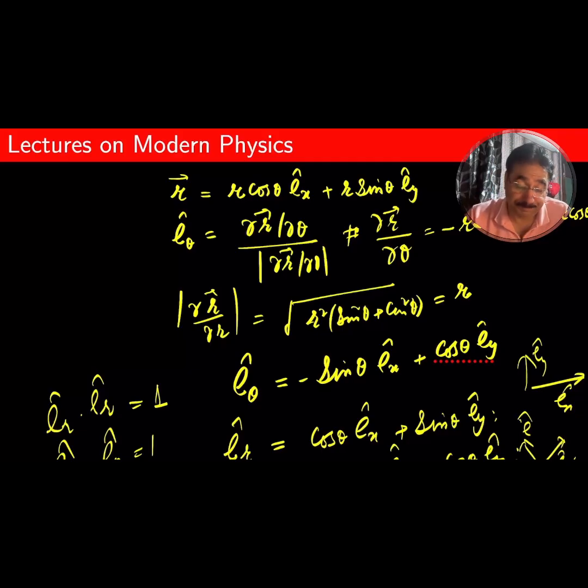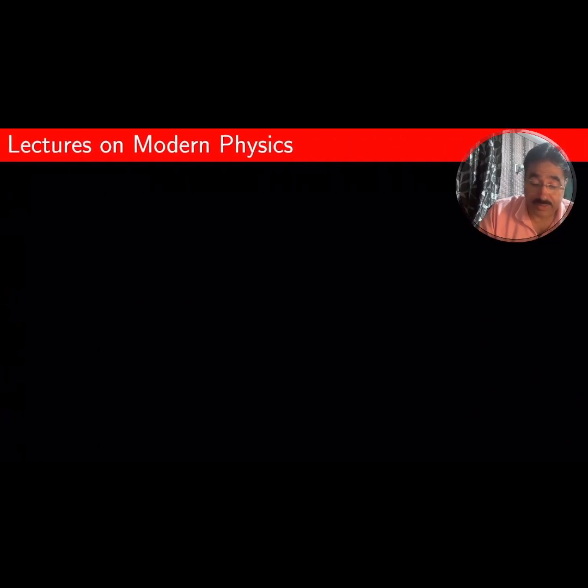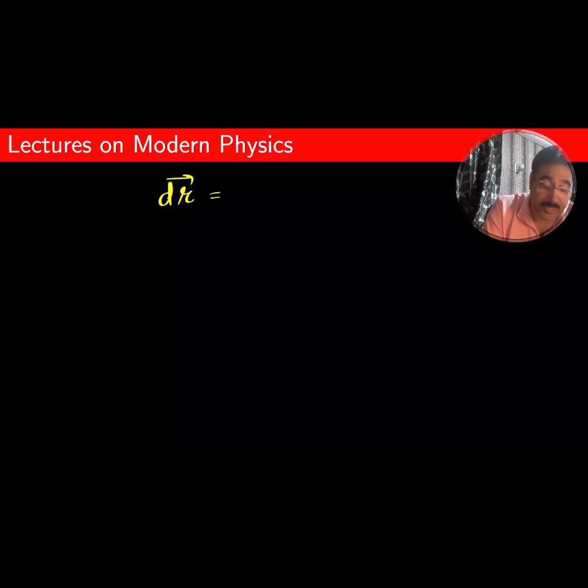At every point, the direction may change, but at every point they are normal to each other. Fine. And how do I write a small length element in this framework? In Cartesian coordinates, dr is simply EX dx plus EY dy, and the same can be written in polar coordinates.